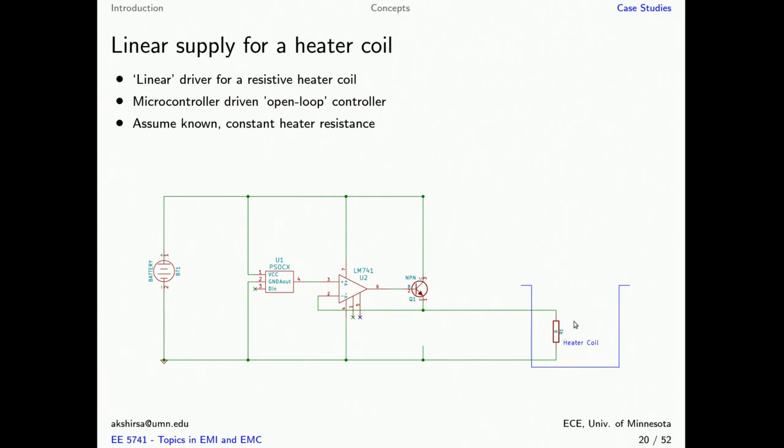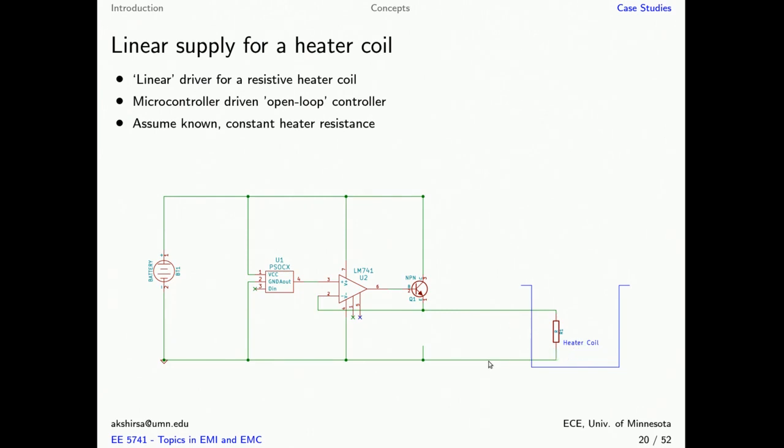This heater coil is going to take a fairly large amount of current because we need to dissipate a large amount of energy, and that large current cannot be supplied by the op amp, which is why we have put a power transistor here. This heater can operate in linear mode, which means the current through the heater coil can vary between 0 and the maximum.